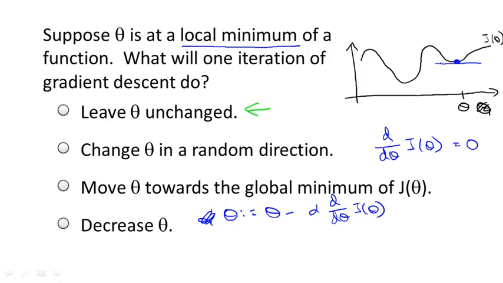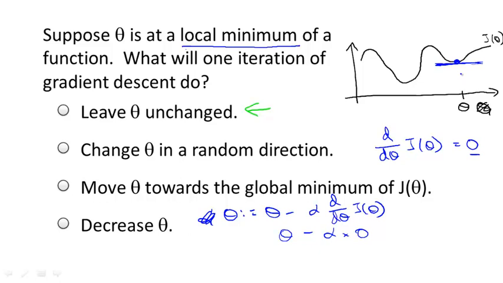So at the local minimum, your function has slope 0, this horizontal slope, and therefore theta gets updated as theta minus alpha times 0, and so theta remains unchanged. And this is why gradient descent at a local minimum will not change the parameters at all.